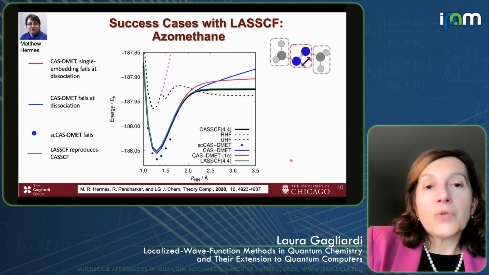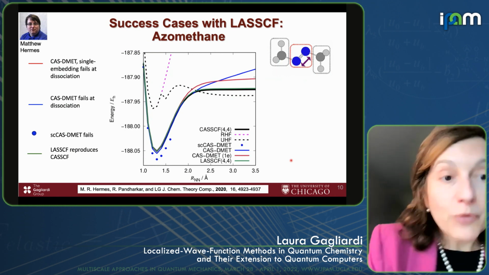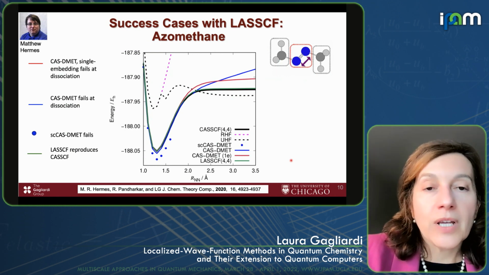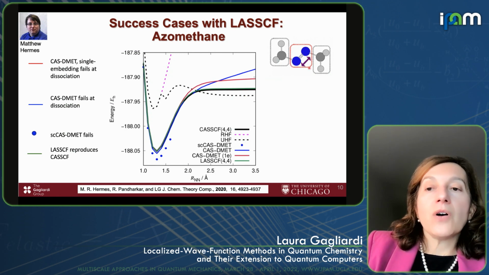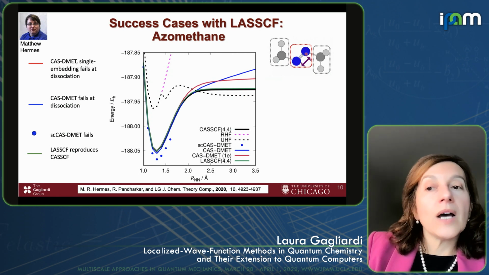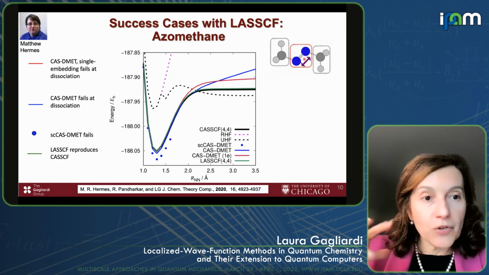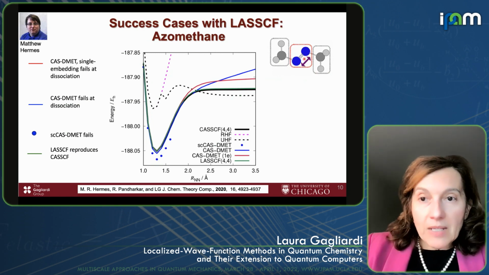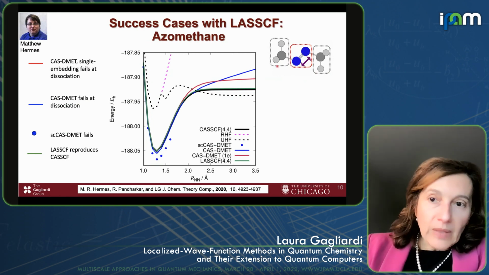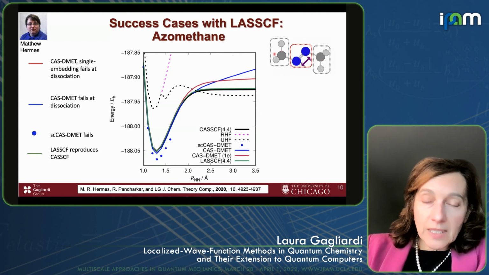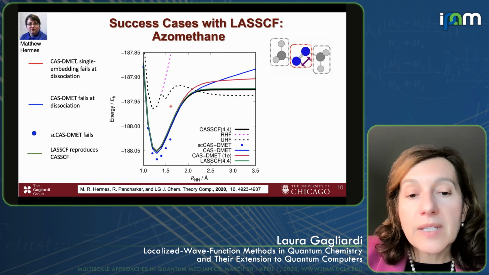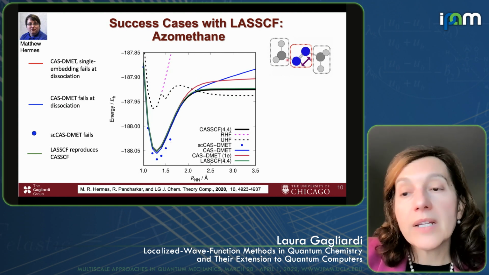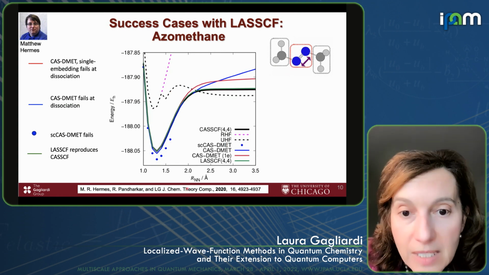And now I want to show you some of the performance of this method. So here we are just considering a system where there is only a strongly correlated fragment, the one in the middle, which is this double bond, and we are breaking it. So the other fragments are weakly correlated, so you can think about them as forming this mean field. And here you see the energy as a function of the nitrogen-nitrogen bond distance.